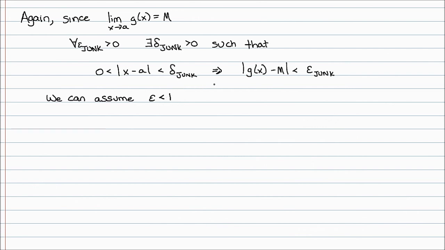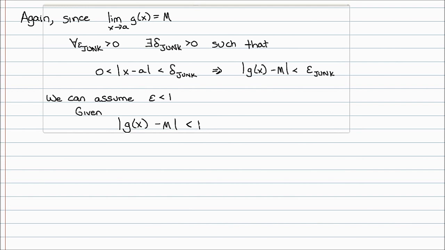Okay, so that means that basically, assume that somebody came along and just said, I bet you can't find a delta neighborhood where any input from that delta neighborhood leads to an output in a neighborhood around m of m minus 1 to m plus 1. So in other words, we're given that the distance between g of x and m is less than 1, which is an easy assumption again.